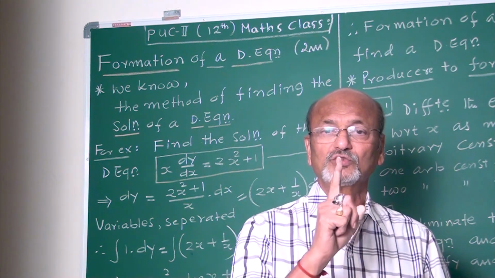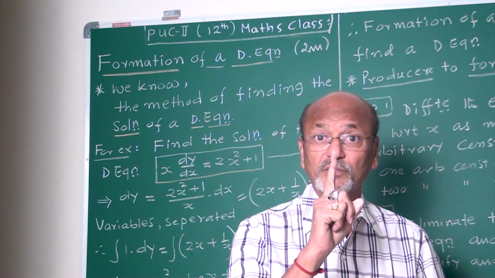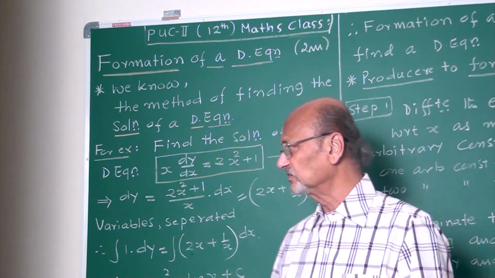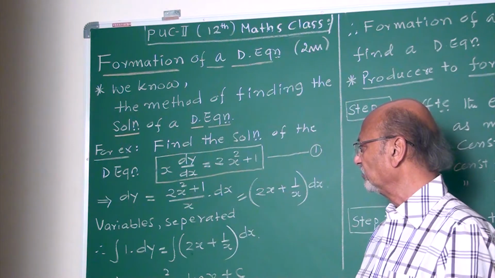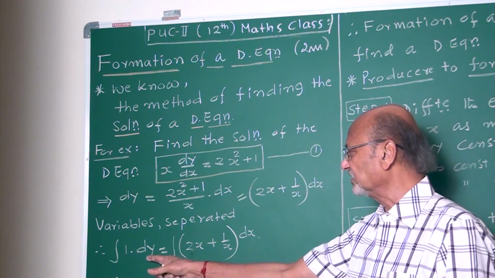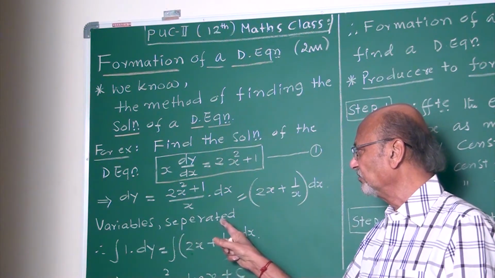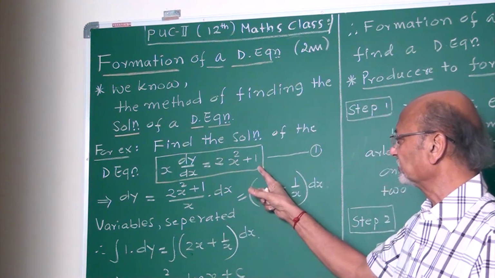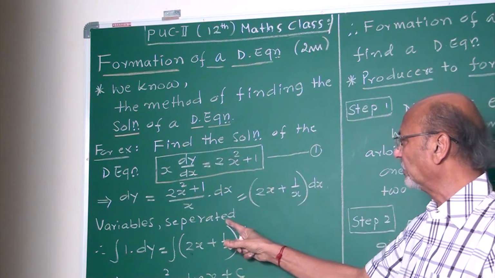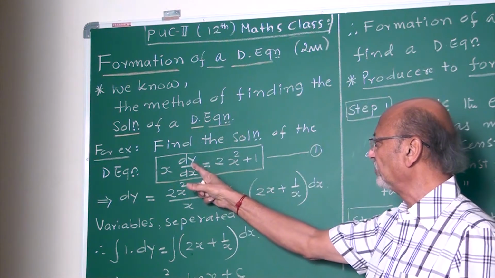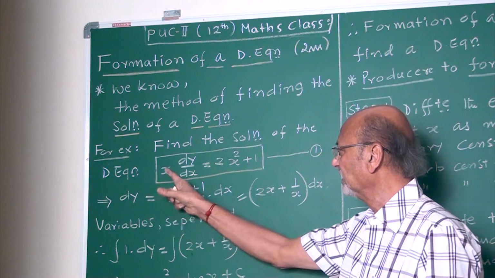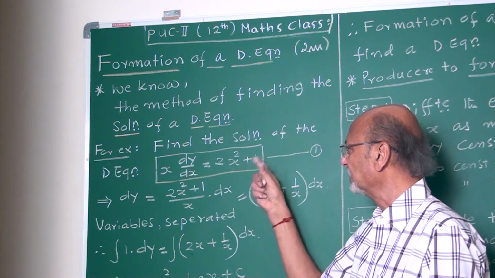The solution of a differential equation is free from dy by dx. To make it free, we are integrating. Before integrating, we are separating the variables. Dy is only one term here. The x upon dx, you have to bring to this side.